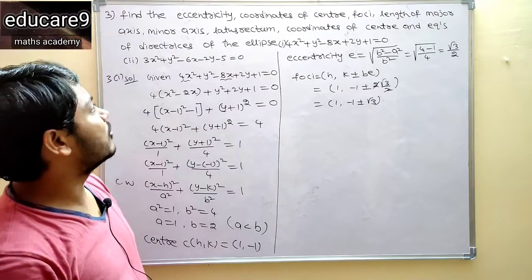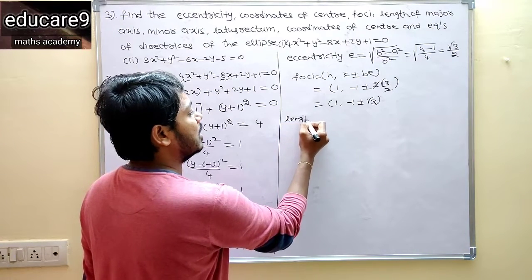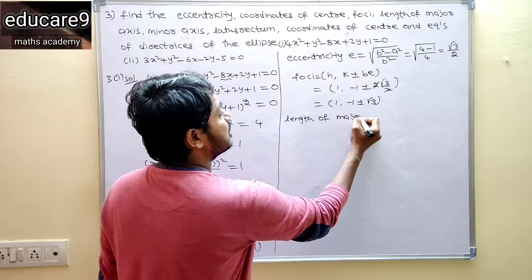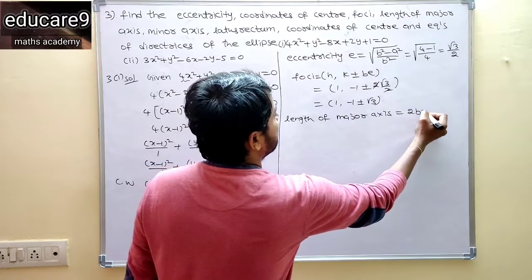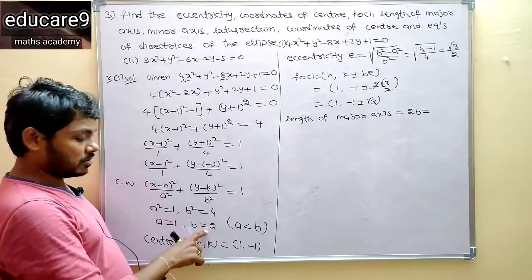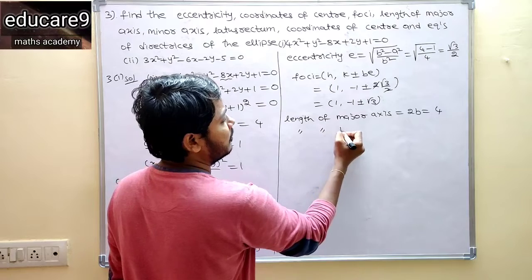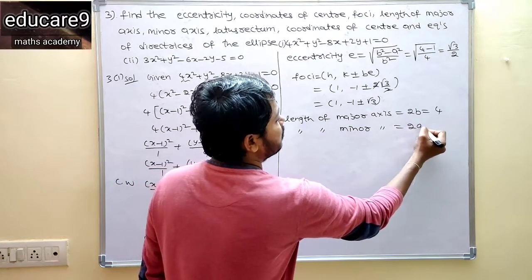Let's find the length of major axis. Here, length of major axis is equal to 2b. So 2 into 2, that is 4. Next, length of minor axis is equal to 2a.